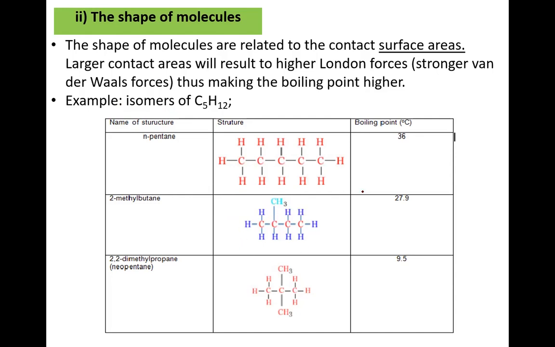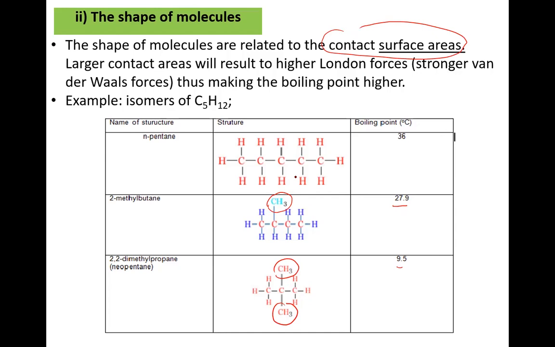As we can see, for n-pentane the boiling point is 36, but when we have a branch here, in 2-methylbutane, the boiling point decreases. And when we have two branches, the boiling point decreases further. This is because the contact surface area becomes smaller, so the interaction between molecules becomes weaker.